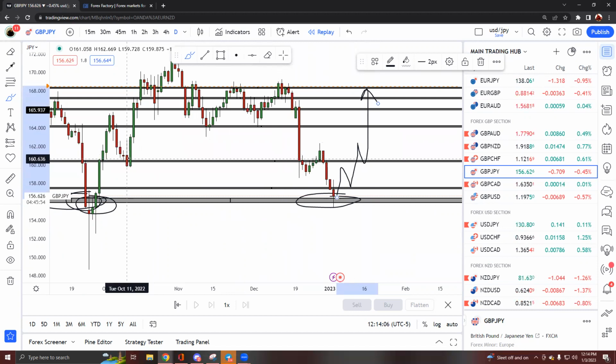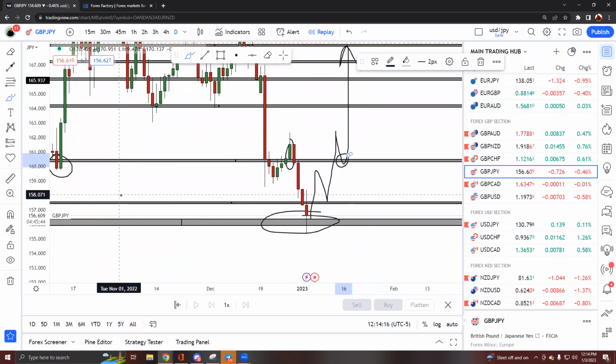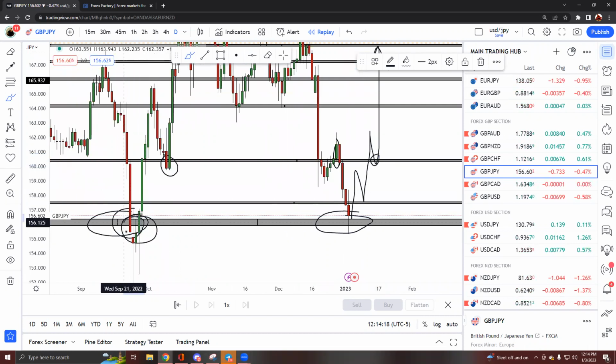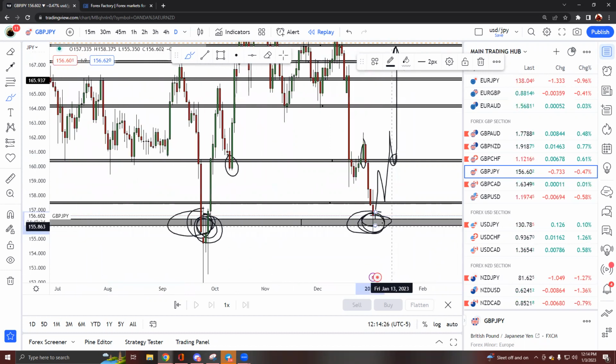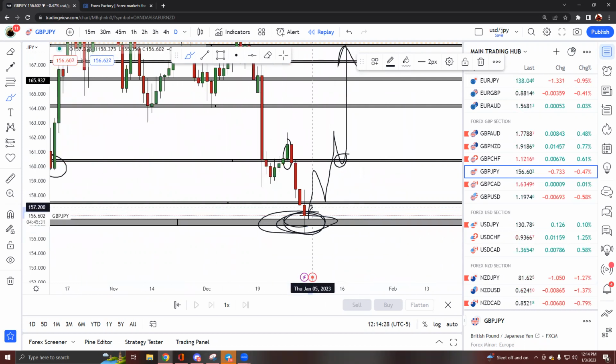If these past levels, you see this level here, and this breakout and pullback here. If it breaks back above that level, I believe we will see British pound JPY continue to the top side. But right now, it's all about seeing whether it's going to stay at this key level of support and stay above it. Will it stay above that level and push back to the top side?